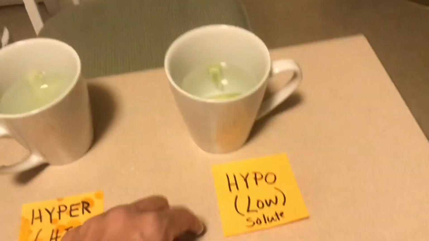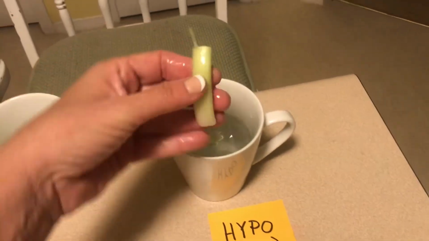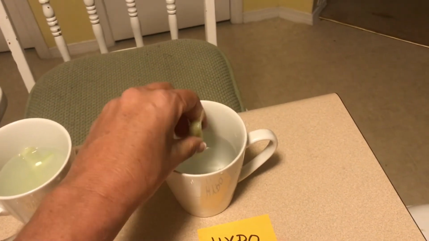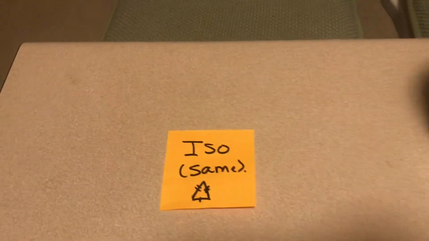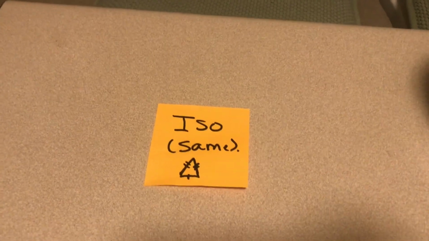And we have a hypotonic solution that absorbs the water and becomes kind of crispy, and the cells become tight with what we call turgor pressure. And don't forget, isotonic is when the solution is the same as the cells in terms of concentration of solutes.